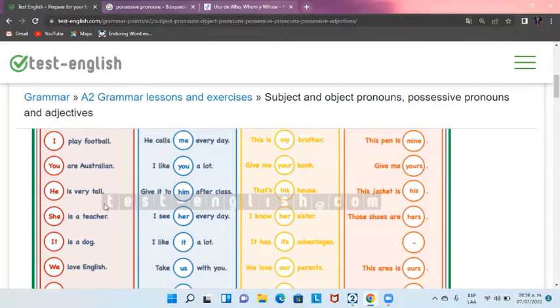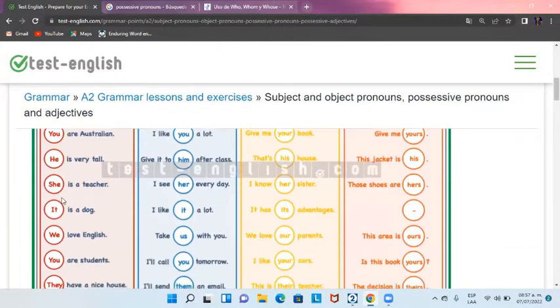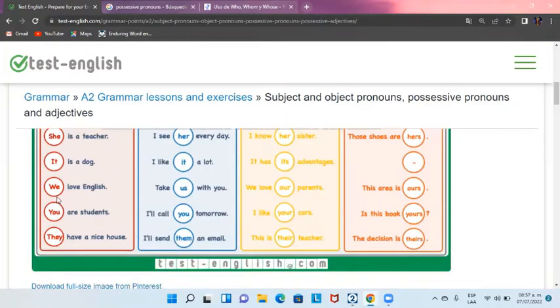He is very tall. We can say Ramon is very tall, but we can replace the name of Ramon by he. The same in this way. She is a teacher. We can replace the name. Elena is a teacher. In this case, it's the same. We love English.